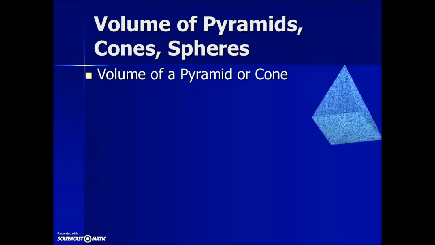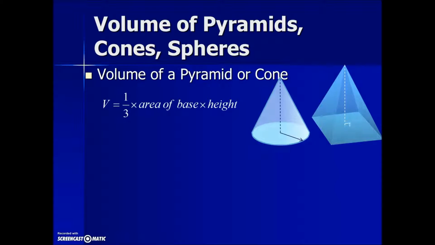Volume of a pyramid or a cone can be found by taking 1/3 times the area of the base times the height. Here in the cone, our base would be the area of this circle, and our height would be from that bottom, the circle, to the vertex at the top of the cone. To find the volume of this square-based pyramid, we would find the area of the square times the height, and in both cases, once we find that, we'll divide by 3.